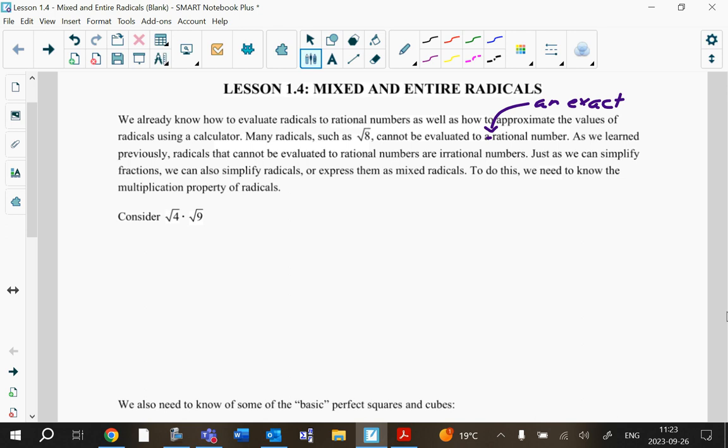You don't have to write this down, but if I took the square root of 8 on my calculator and punched it in, I get 2.828 if I round it. Which one of these is more exact?